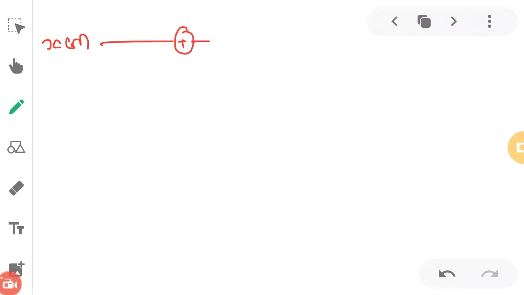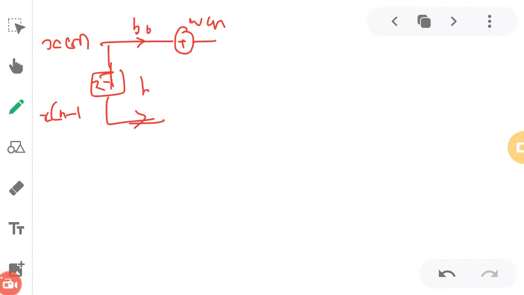This will be w of n, and we know that the second thing will be b1 into, here we have to get z inverse, then only we will get x of n minus 1. Then we can write here this is b0 and this is b1 into x of n minus 1 plus, like that.